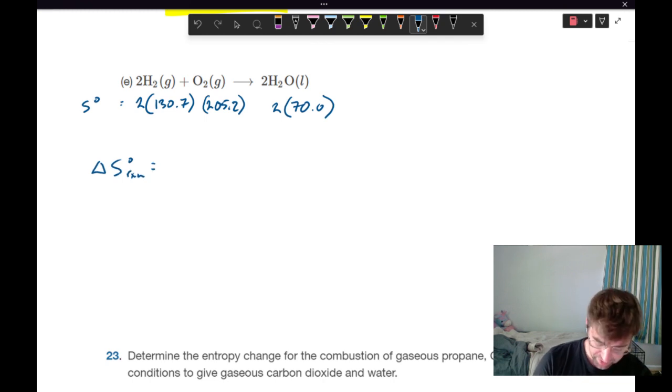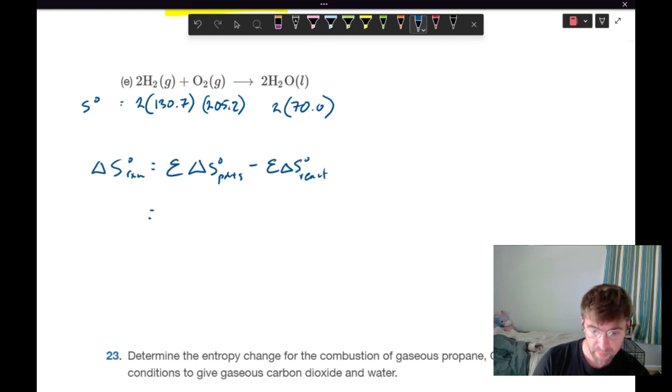The total change in entropy for the reaction is our products minus the sum of reactants, and I'm going to use brackets here to help me keep track.